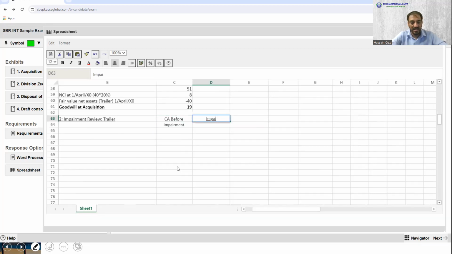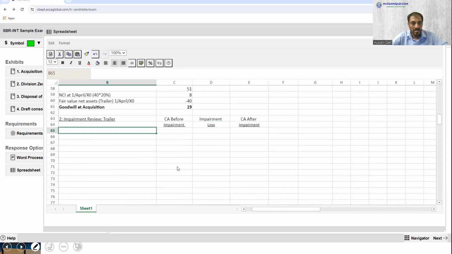And then impairment loss and carrying amount after impairment. This type of activity you have already done with your regular studies. Just make a list over there.